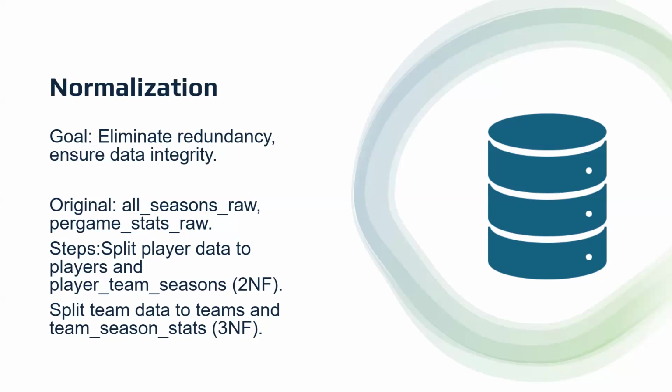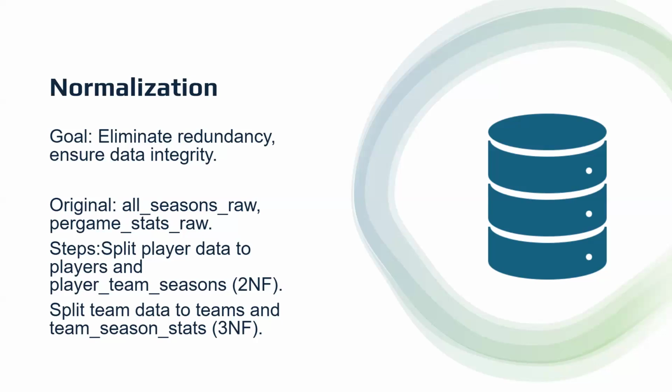For the second normal form, we have to build on the first normal form, and we have to ensure that non-key attributes depend fully on the entire primary key and not just part of it. For example, as mentioned, the team season stats table depends on both the team ID and season together. In this case, there are no partial dependencies sneaking in.